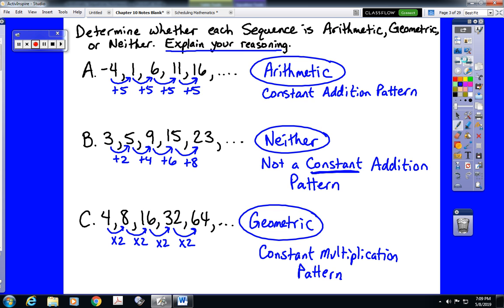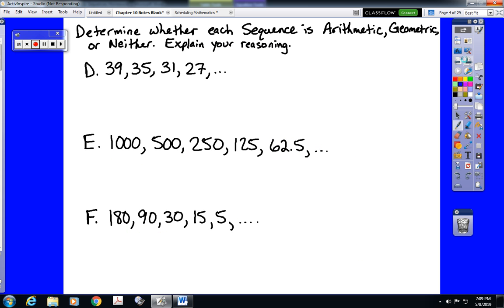In letter D, again, we need to spend a second and look for a pattern. Hopefully you've paused the video and tried these 3 on your own from a blank copy of the notes. If not, the pattern here is very clear. We are subtracting 4 each time. Now keep in mind that that is the same as adding a negative 4.